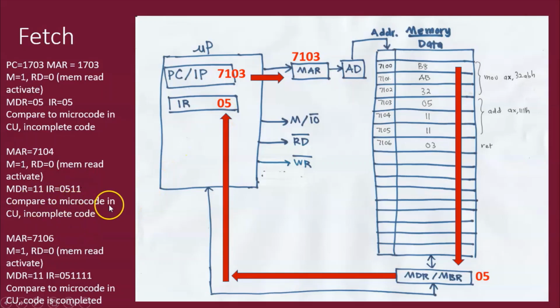And then it will compare to microcode in CU, it is still incomplete code, and then MAR will increase, 7105, 11. Put again 11 in MDR and then go to the IR. And then your IR will have 051111, and then it compared to the microcode in CU and the code is complete.